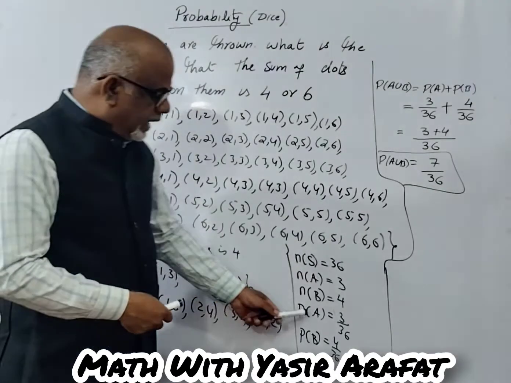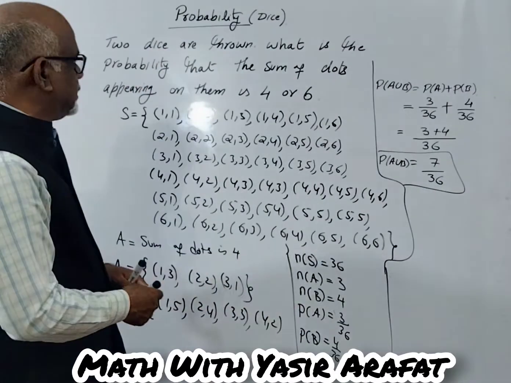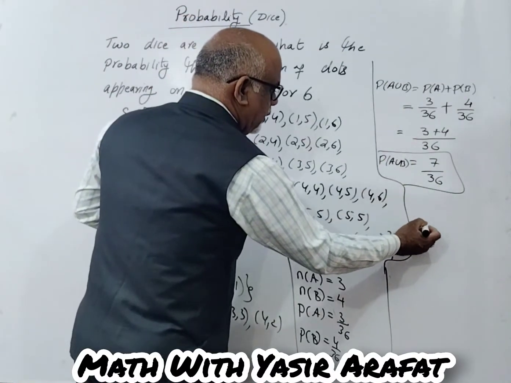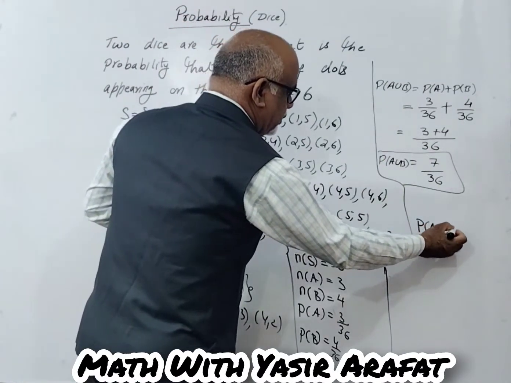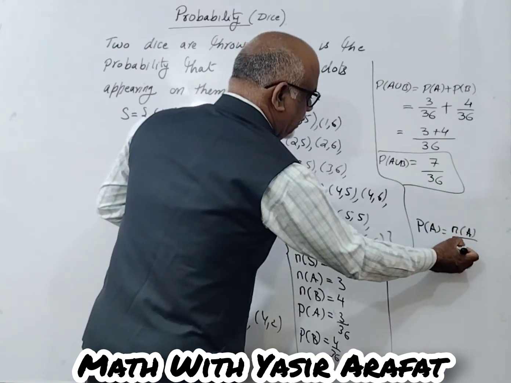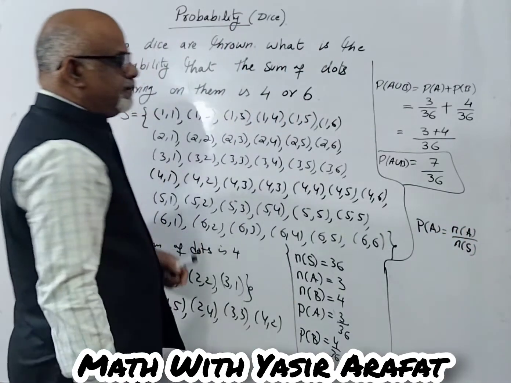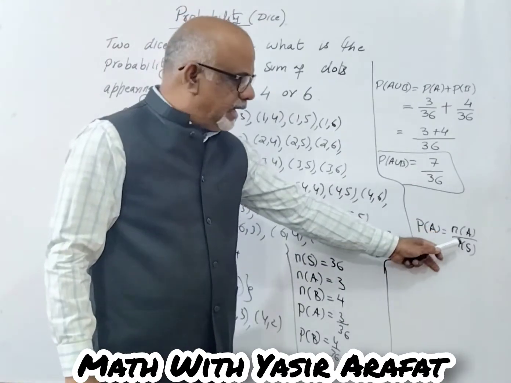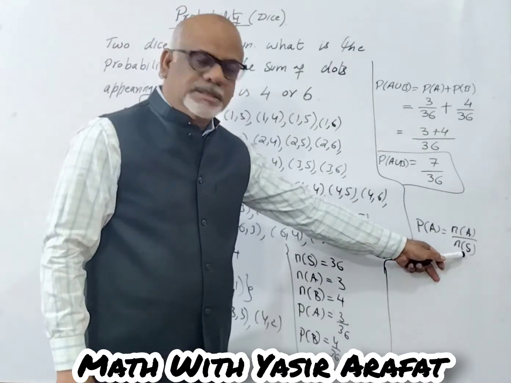And then we have to find the probability, and we have a simple formula here: the probability of an event is equal to the number of elements in the event divided by the number of elements in the sample space.